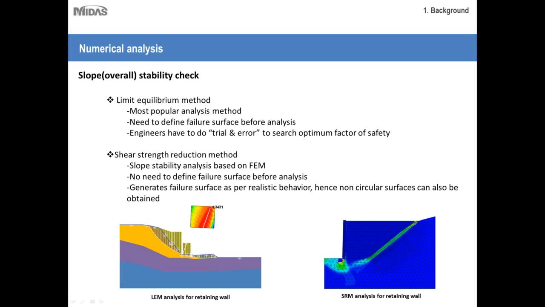There is no need to define a failure surface before analysis, and it generates the failure surface as per realistic behavior. Hence non-circular surfaces can also be obtained, whereas with the other method you mostly go for circular surfaces. Here this could be any irregular surface based on the shear strength reduction method.